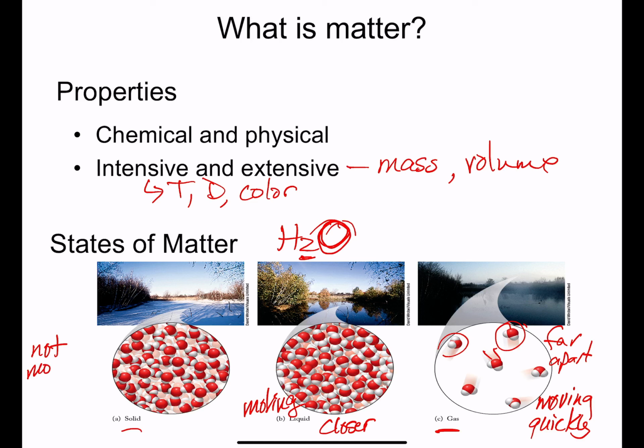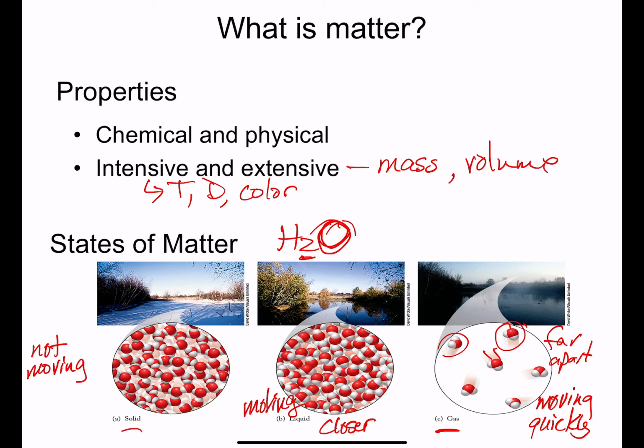It is not moving much, and there is a specific arrangement of atoms in the solid phase. So that's our quick run through of matter and thinking about how we describe matter.